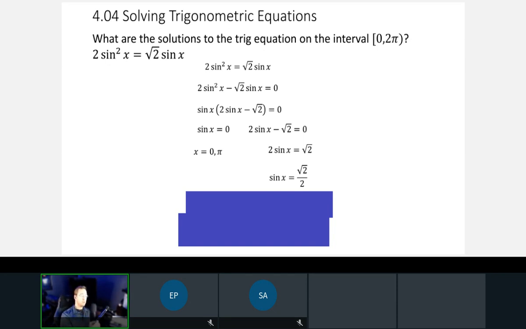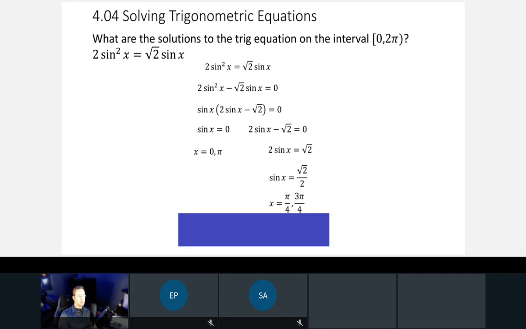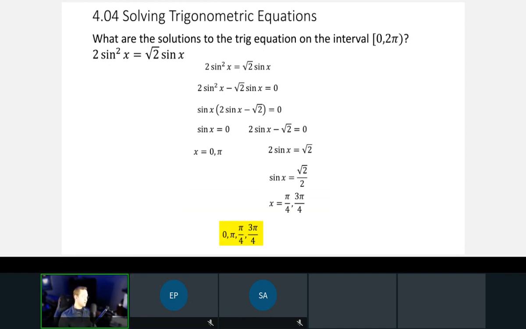When y equals rad 2 over 2. From the interval 0 to 2 pi, well, it's positive rad 2 over 2 in 2 places. The first place is in quadrant 1. Second place is in quadrant 2. And those radians are pi over 4 and 3 pi over 4. And then we just stick all the answers together. And then there's all 4 answers.